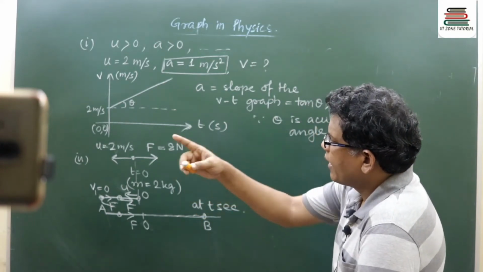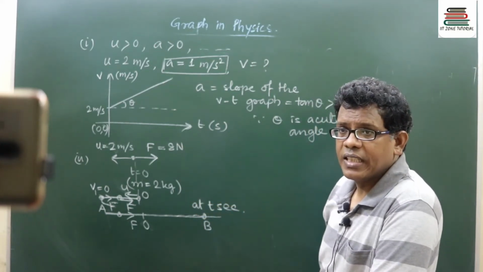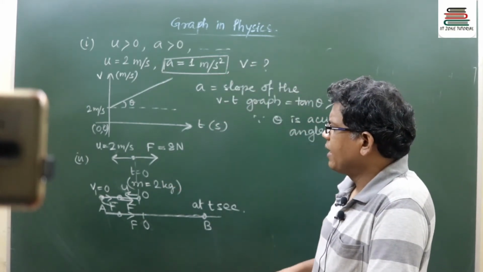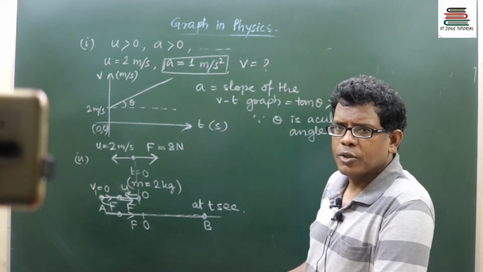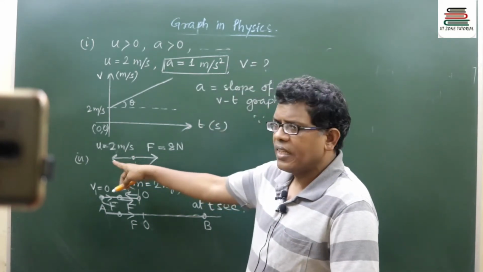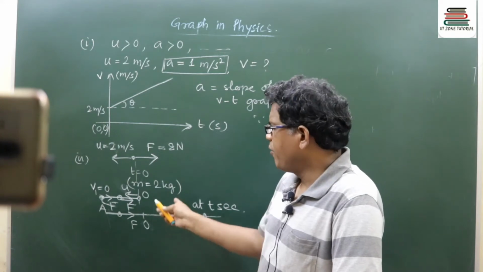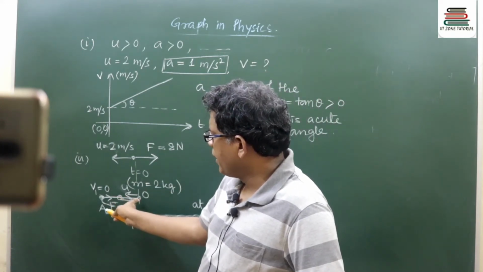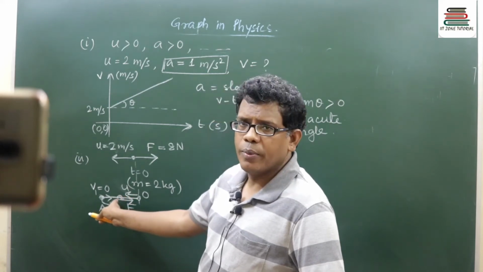Initially the body is trying to go leftward with the initial velocity, right, but the force is acting in the rightward direction. So what will be the job done by the force? The force will start retarding the backward motion. In a few seconds, as it retards, the velocity going backward will decrease.